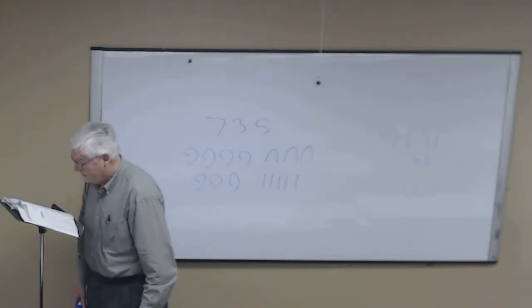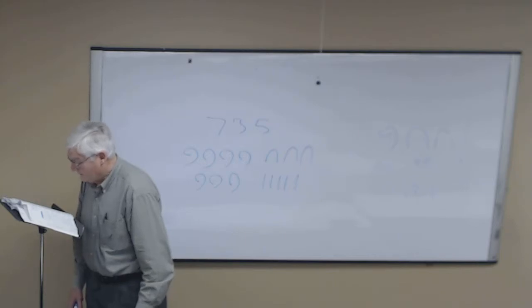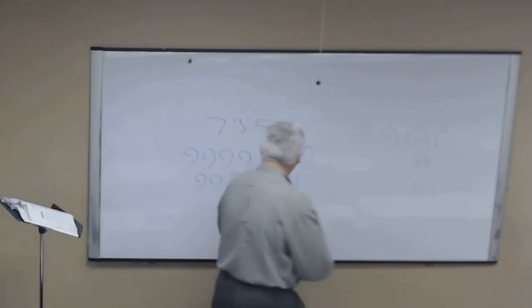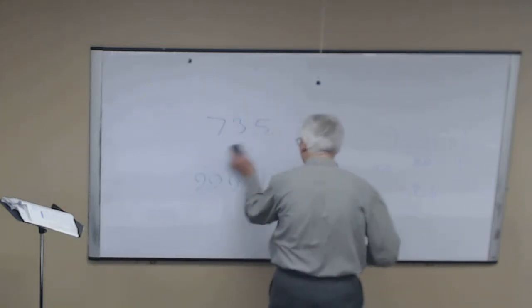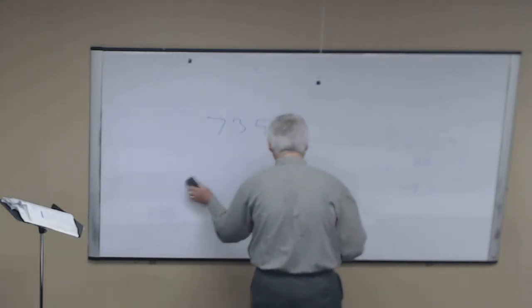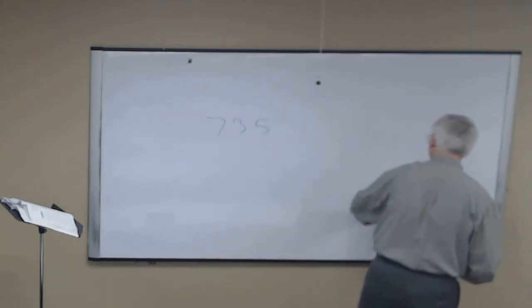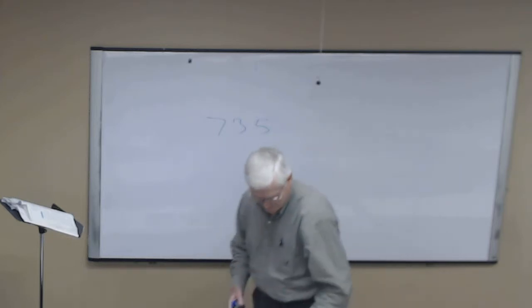Question number 3 says write 735 in Babylonian. So we go 735. Now we're going to write it in Babylonian. So do you have your Babylonian symbols there? Your notes for Babylonian?